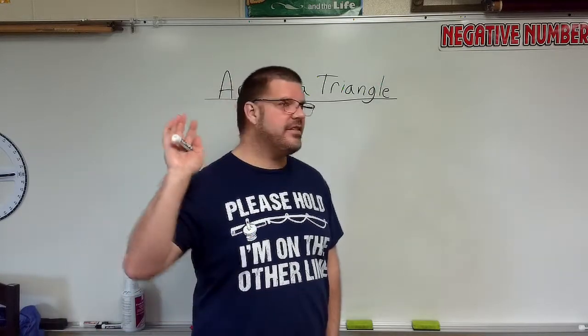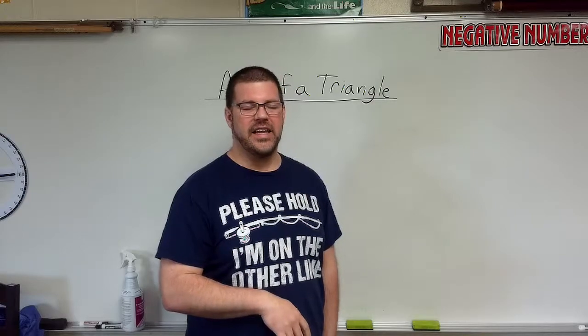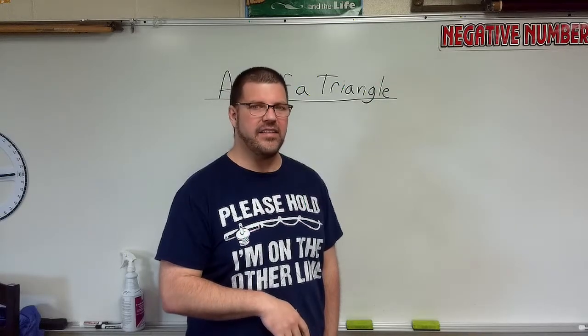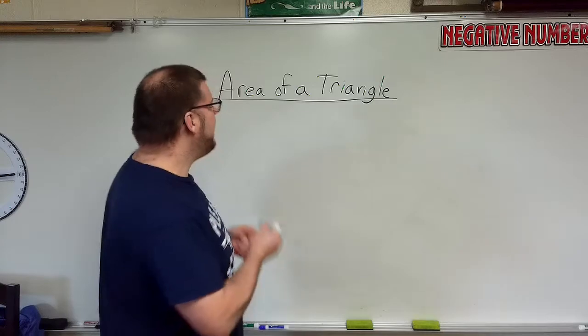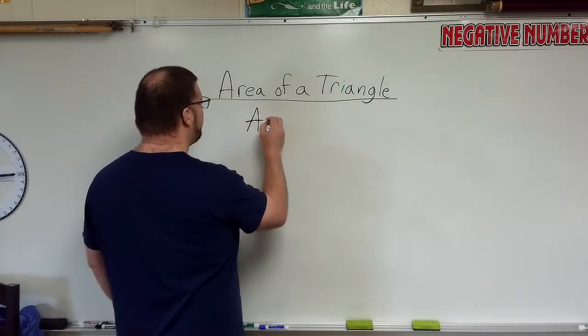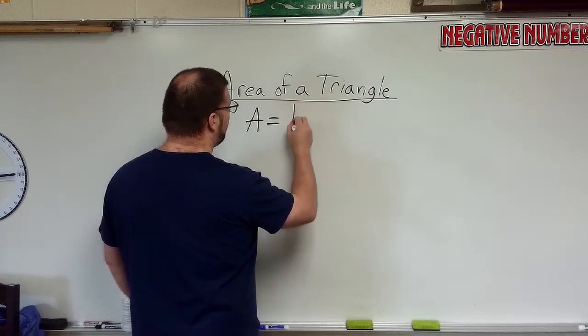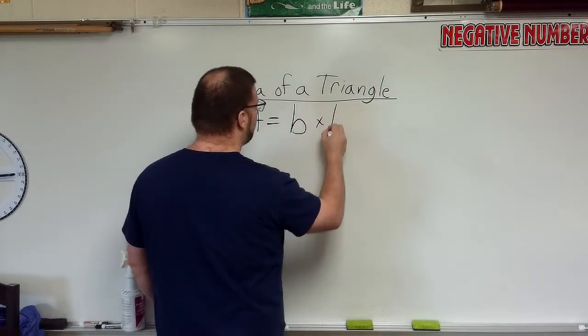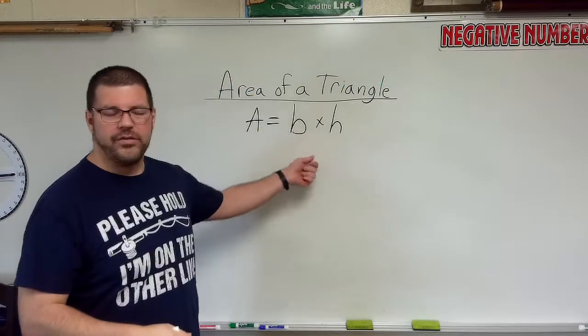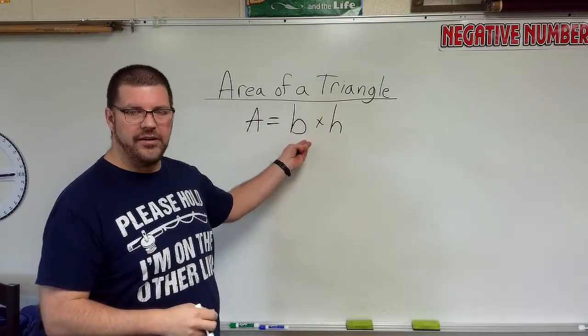Now, some of you just nailed it fine and dandy like sour candy. The other people are kind of forgetting something. When we're talking about area, there's two rules you have to know. Area equals the base times the height for your rectangles, for your squares.